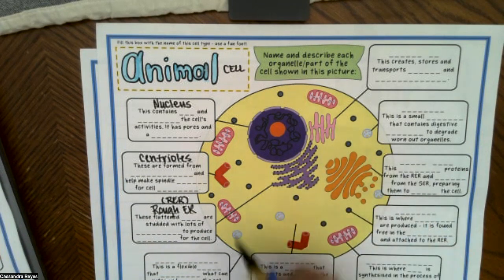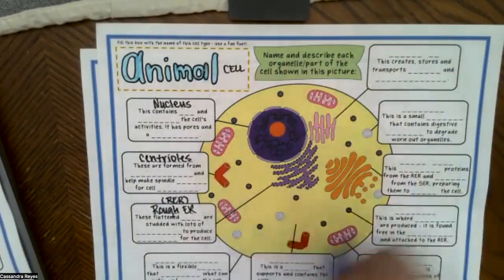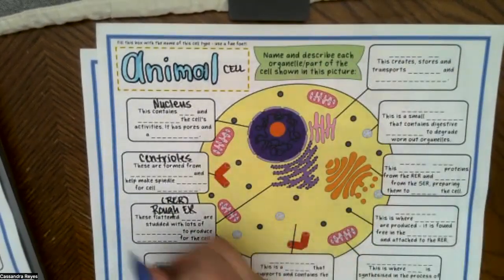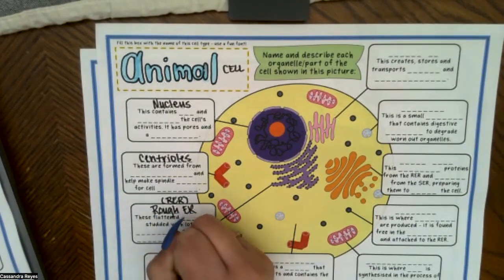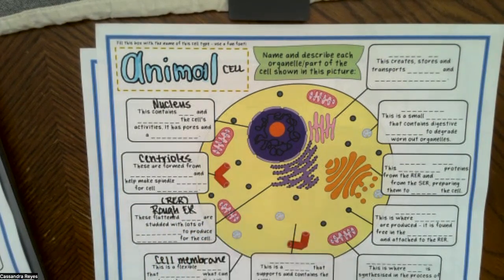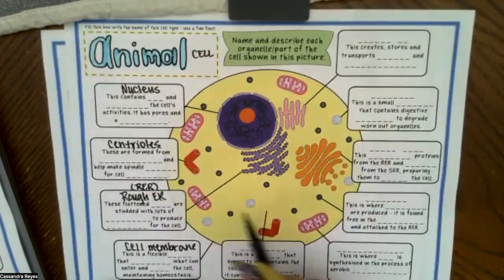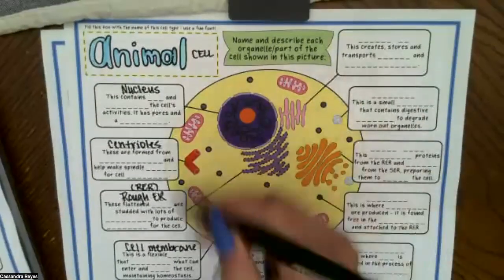If we continue to move on, we're going to be talking about our cell membrane. As you can see, it's defined by this black line surrounding our animal cell. So we're going to go ahead and write that down here. Cell membrane. Okay. Next, we are gonna discuss this yellow substance that's surrounding everything.